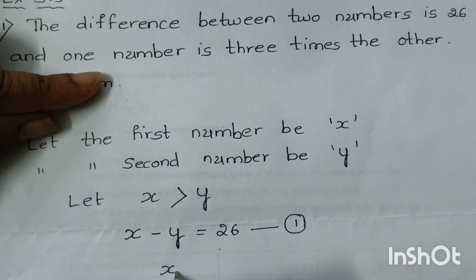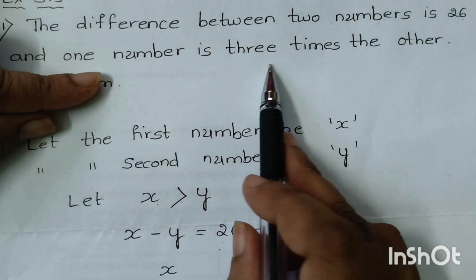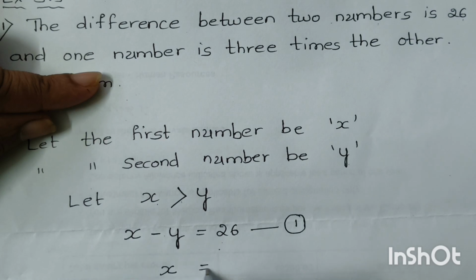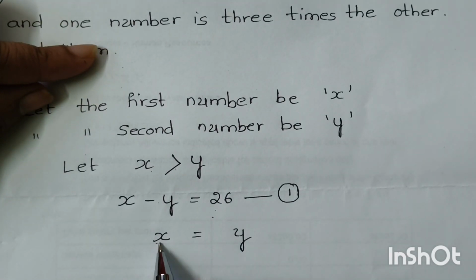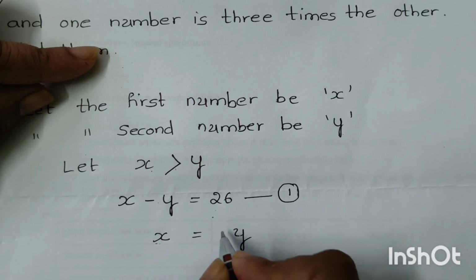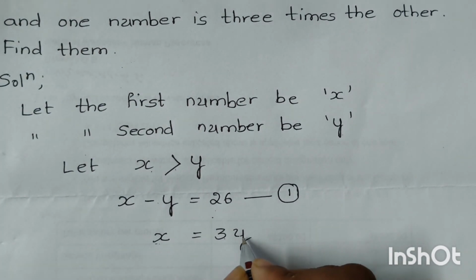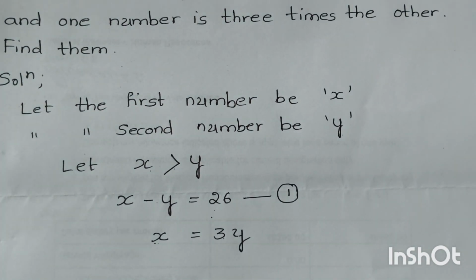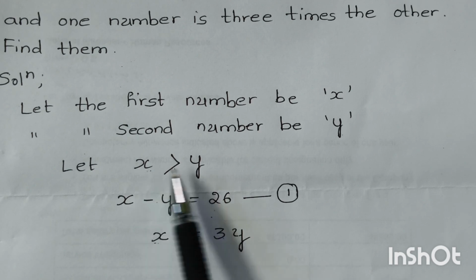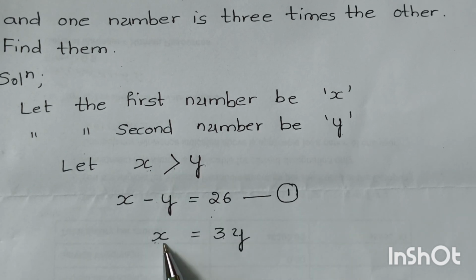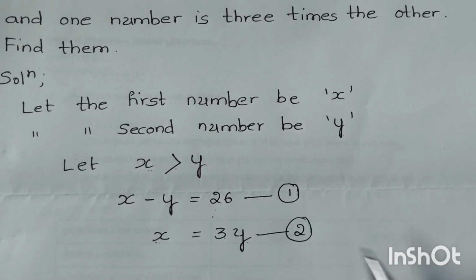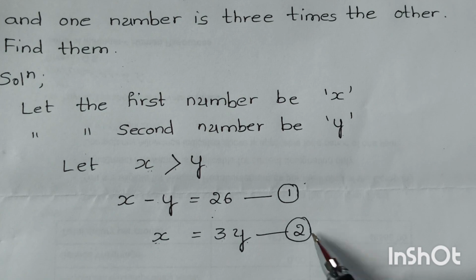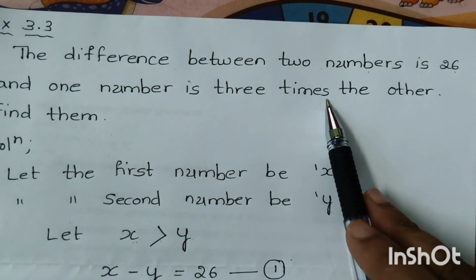The number x is 3 times the other number, which is y. Since we have taken x greater than y, I can write x is equal to 3 times y. And this is our equation 2. These equations 1 and 2 we got from the question.